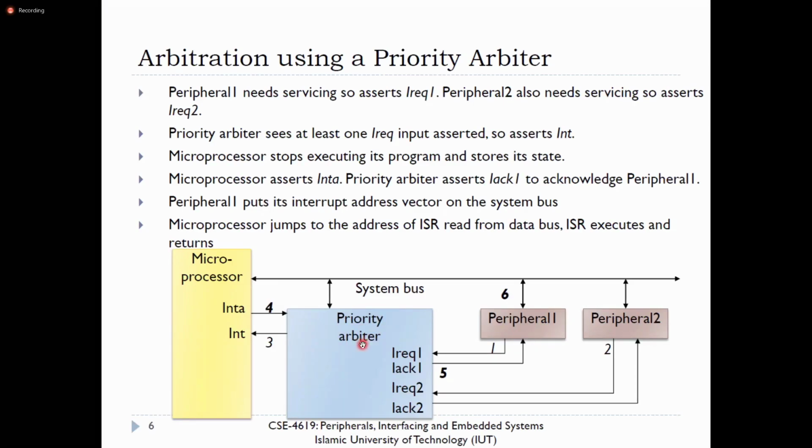And this makes the interfacing between the peripheral and the microprocessor, working in between them. And this solves all sorts of priority resolving issues on behalf of the microprocessor. That is why we say that this priority arbitrator circuit actually removes the burden from the microprocessor regarding the interrupt issue.